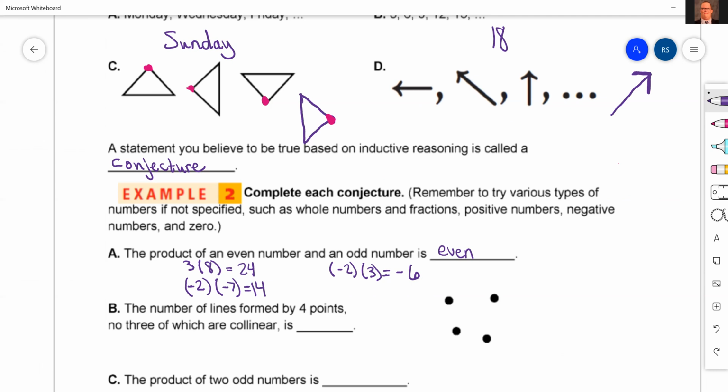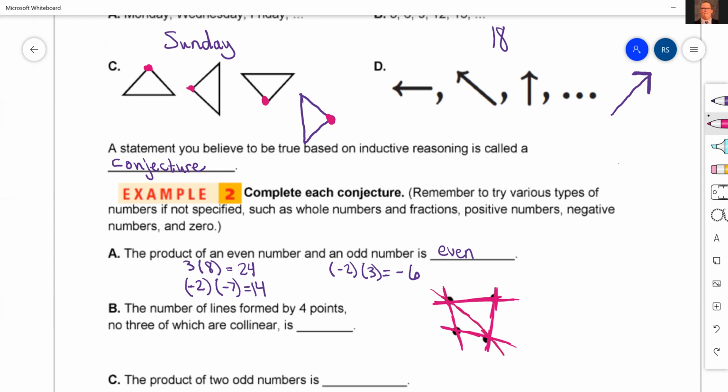Okay, B says the number of lines formed by 4 points, no 3 of which are collinear, is what? And I gave y'all 4 points here. So let's just see how many lines I can draw between all 4 points. Let's see, there's 1. There's 2. There's 3. There's 4.